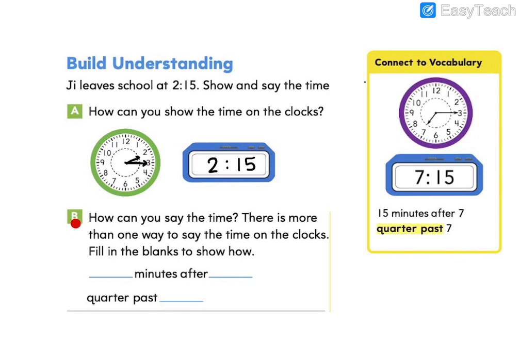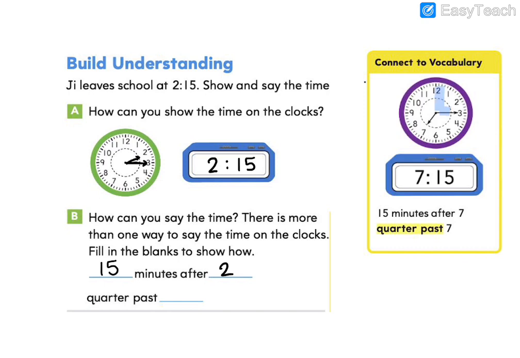How can we say this time? Well, there's more than one way to say time on the clock. We can also say it as 15 minutes after 2, because we've gone 15 minutes past the hour. Let's look at our vocabulary. Another way to say this is a quarter past. Look at our clock.